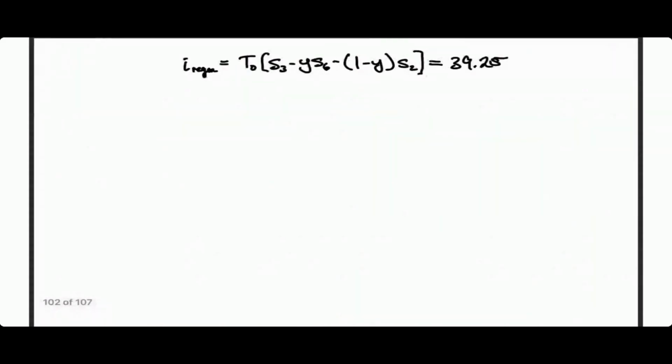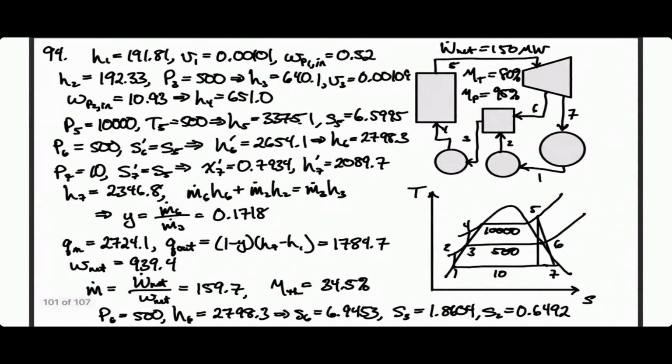The irreversibility of the regeneration process is S3 minus y times S6 minus (1 minus y) times S2, again getting everything per kilogram flowing out of the feed water heater.